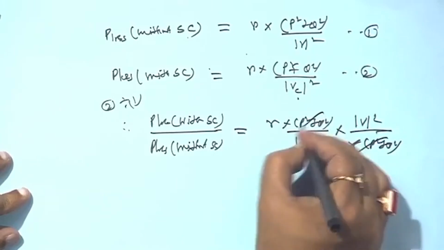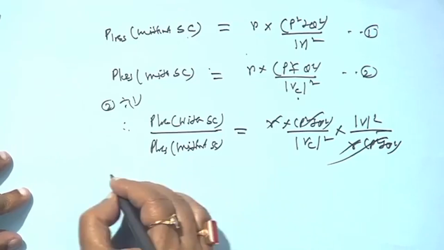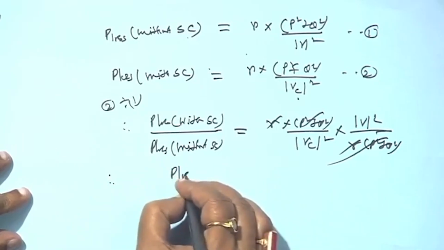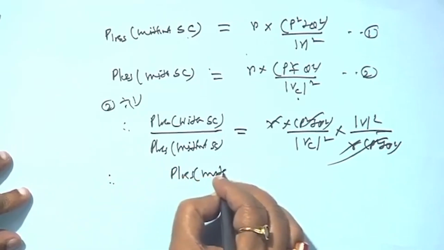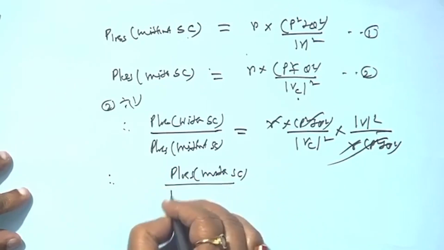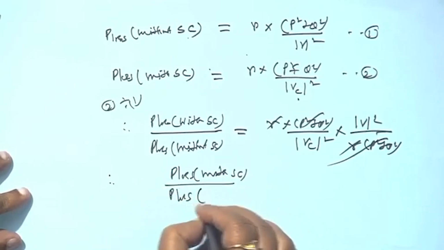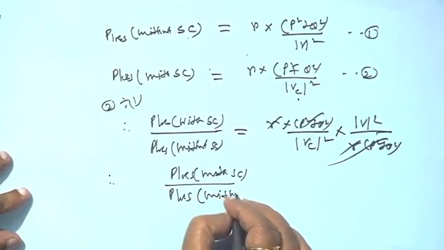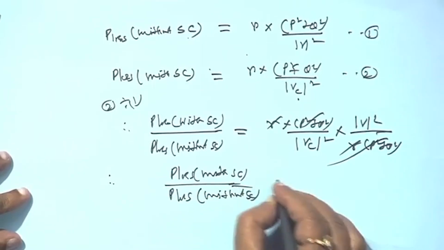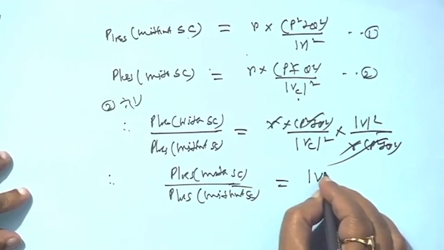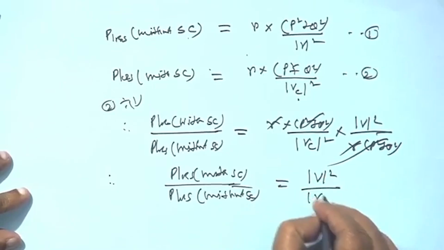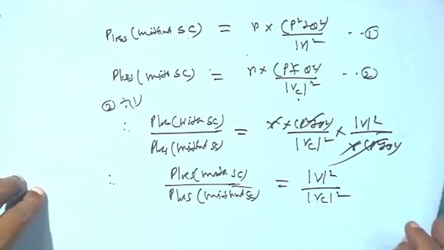So this will be cancelled, right? That means P loss with series capacitor divided by P loss without series capacitor is equal to V square upon Vc square.